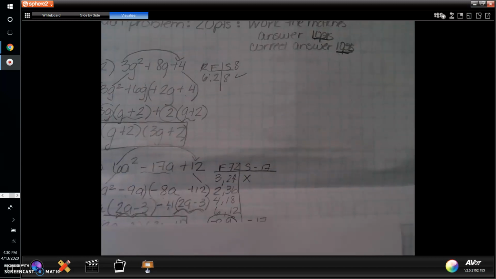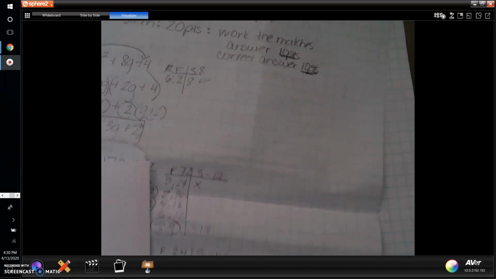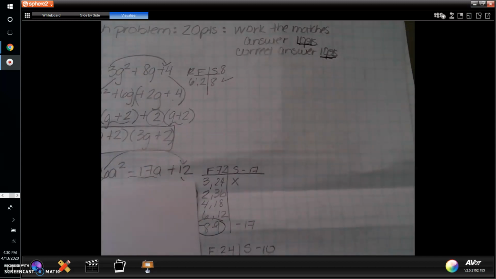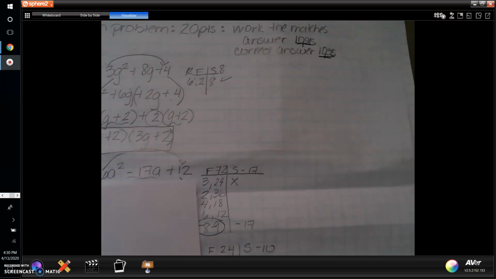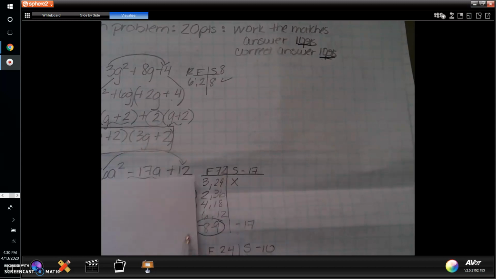So I kind of worked through this, and I wrote down several answers just to show you, if you don't see it right away, just start with what you know. Start with whichever number you think it is. And I came up with finally negative 8 and negative 9. Negative 8 times negative 9 gives me positive 72. Negative 8 combined with negative 9 gives me negative 17.